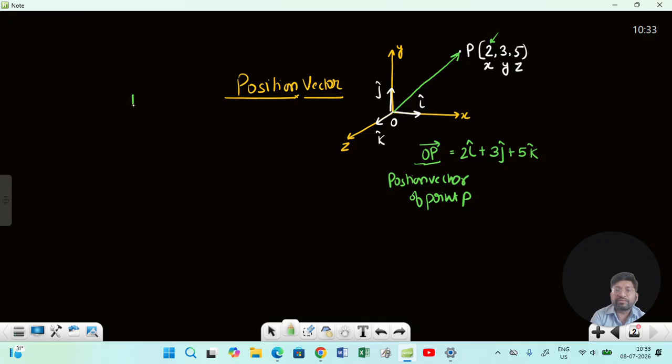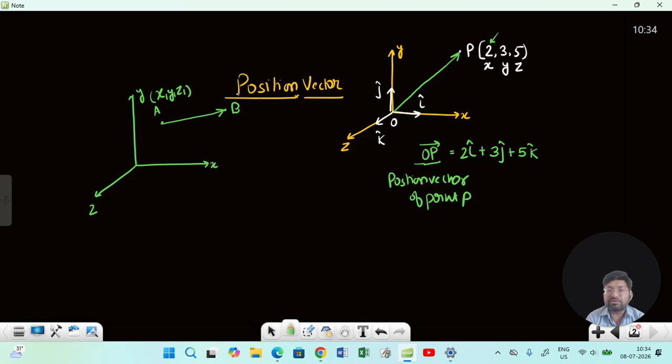Now let us take another example, with x, y and z axes. This is point A, and this is point B, and we have to write the vector AB, from A to B. For example, the coordinates of point A are x1, y1, z1, and the coordinates of point B are x2, y2, z2.